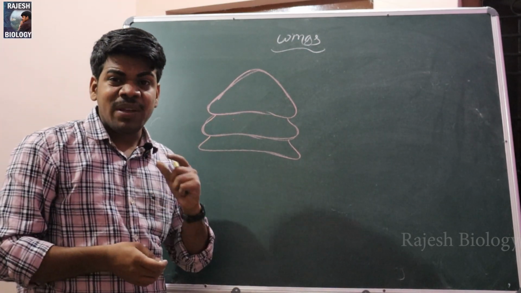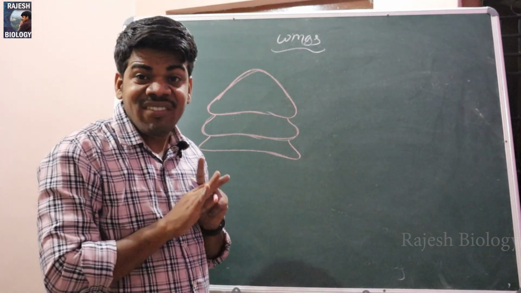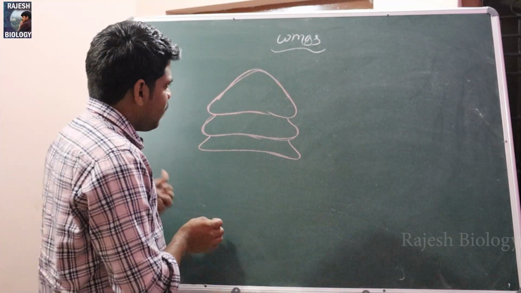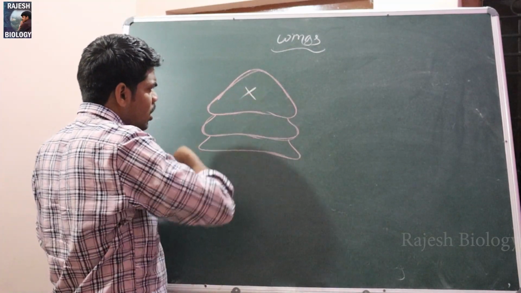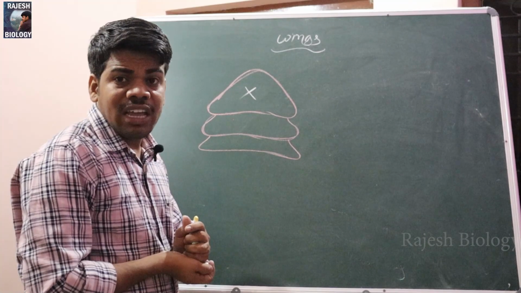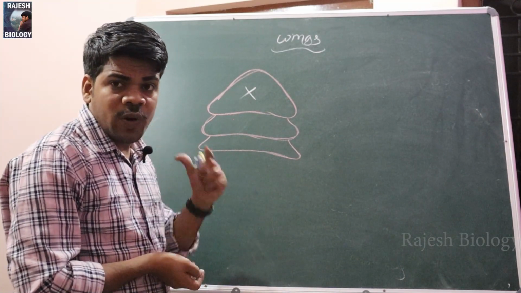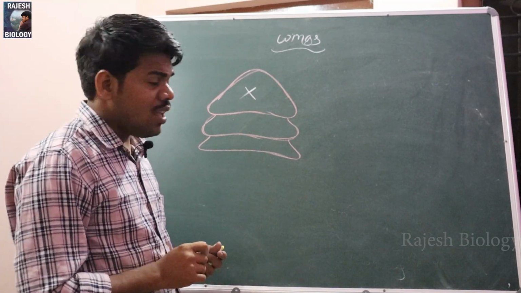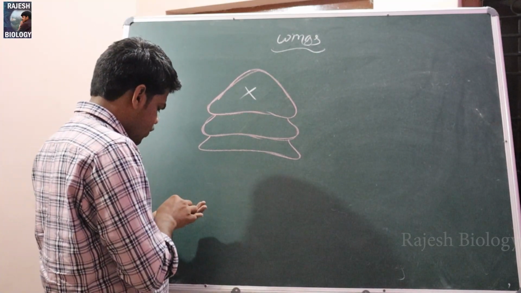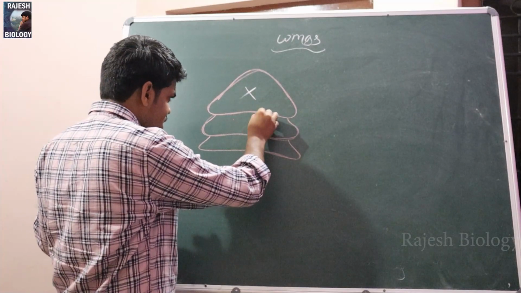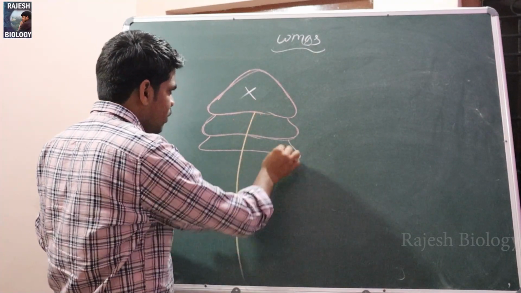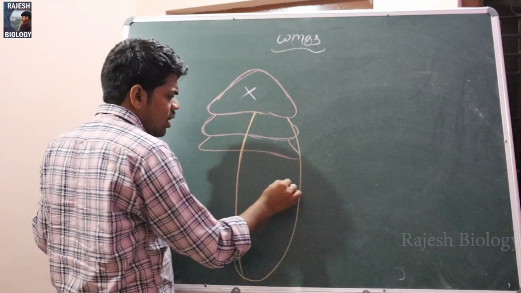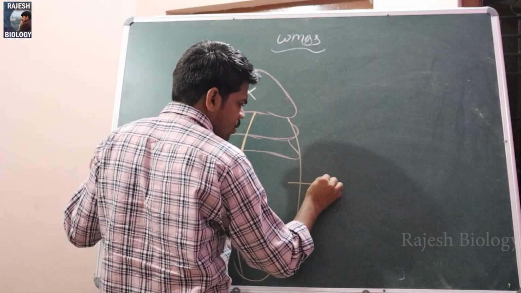Even though the pronotum is a very big segment, it doesn't have any wings. Very important, previous question: the pronotum does not contain any appendage-like structures on the dorsal side. There are no wings. The first pair of wings arises from the mesonotum. These wings are called tegmina.